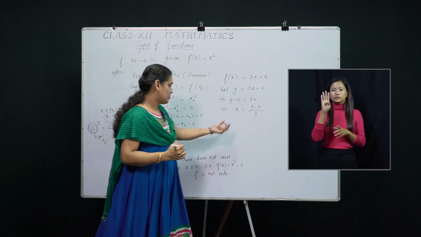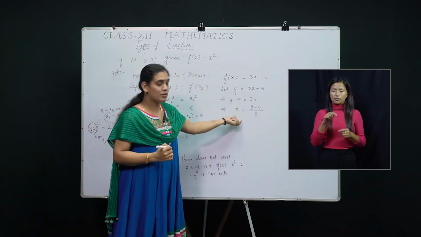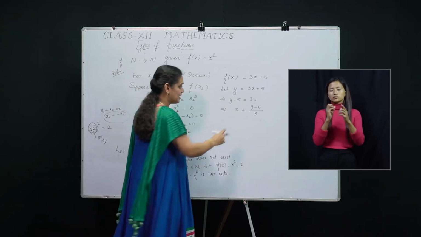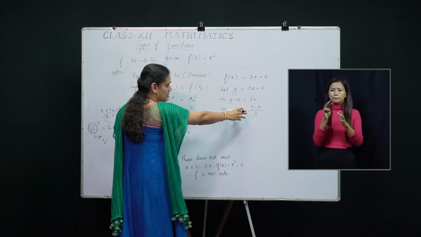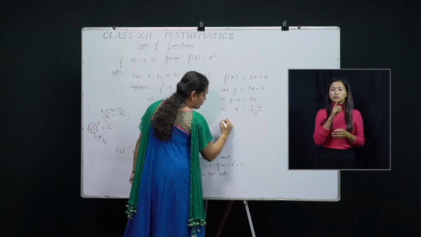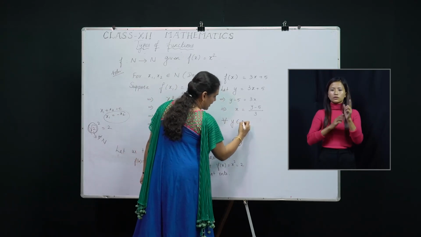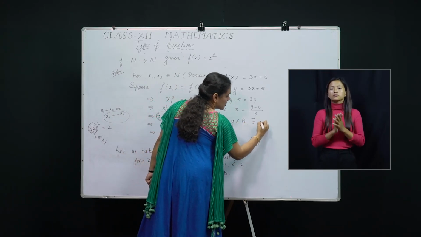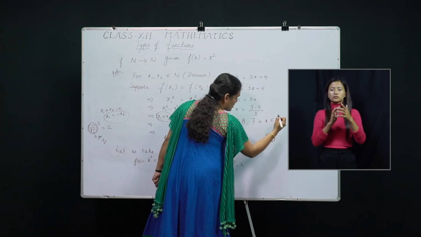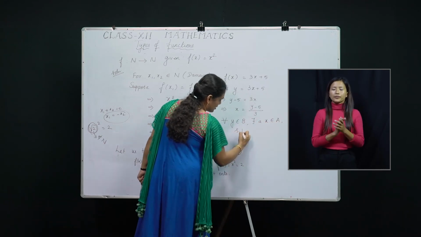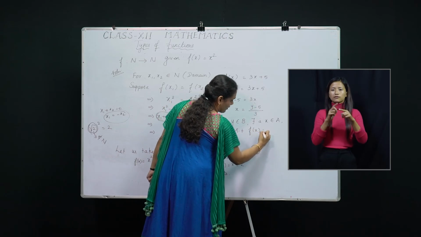All right. Suppose this element belongs to the domain, then we can say that it is meaningful, right? So if it belongs to the domain, then we can say that for every y belonging to the second set, say B, there exists x belonging to A such that f(x) equal to y.